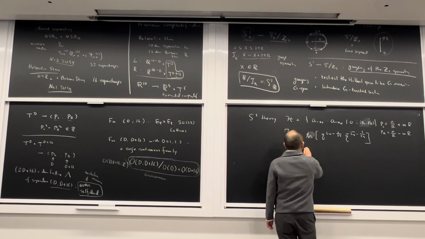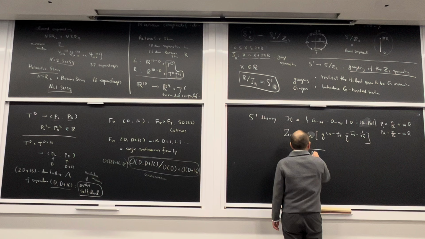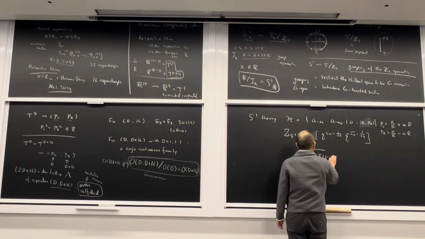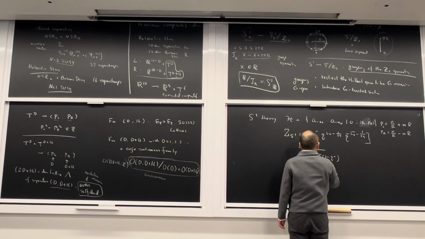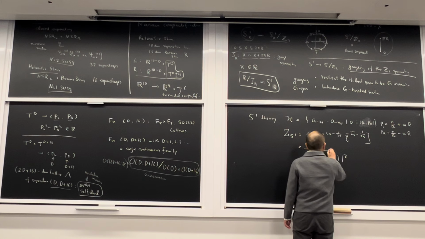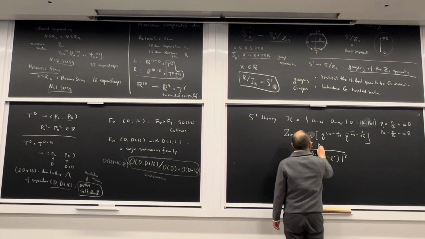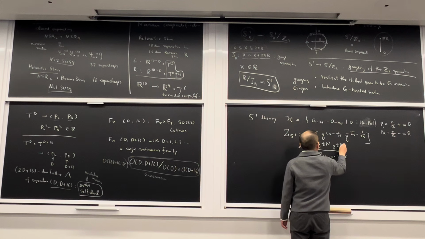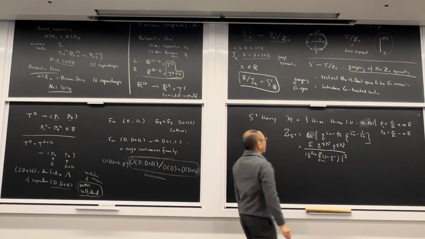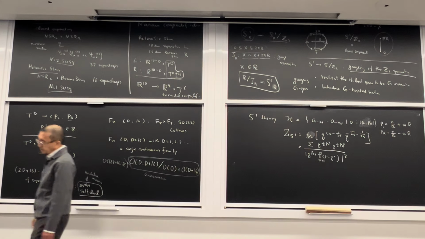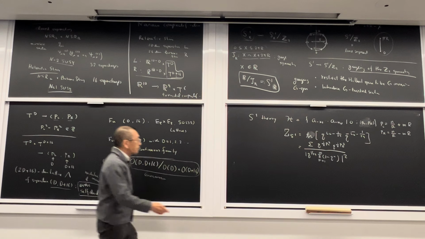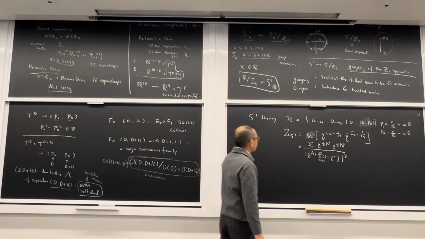This is equal to q to the 1 over 24 times a product over n from 1 to infinity of 1 minus q to the n, squared, and then you have a sum over momentum and winding number. This was the original partition function. This is a Dedekind eta function.